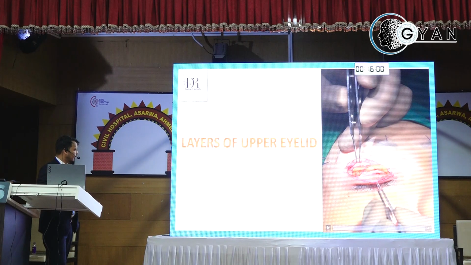So this is the lateral fat. Below the lateral fat is the palpable part of the lacrimal gland, and here is your central fat, and if you go deep, you will find the nasal fat.